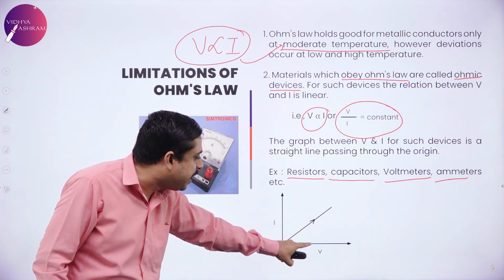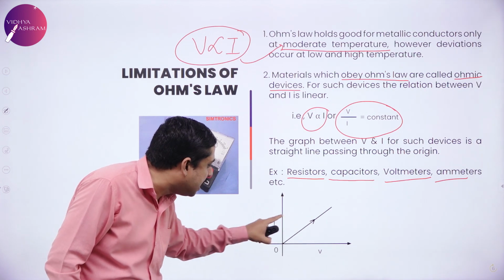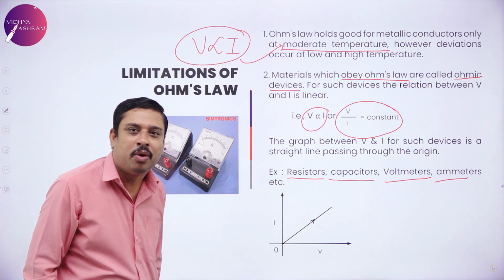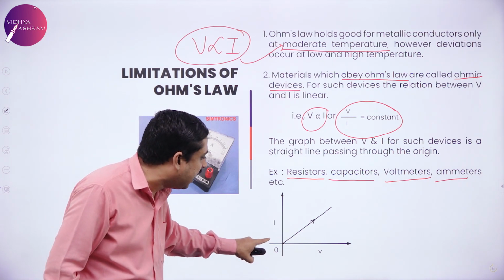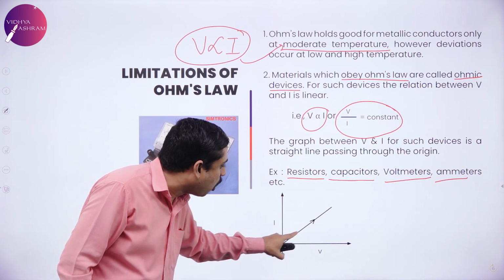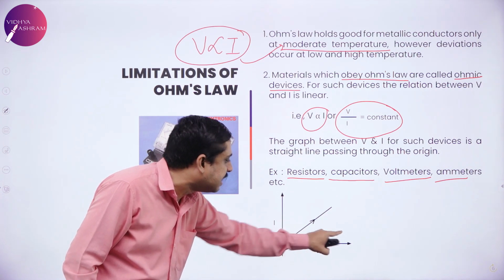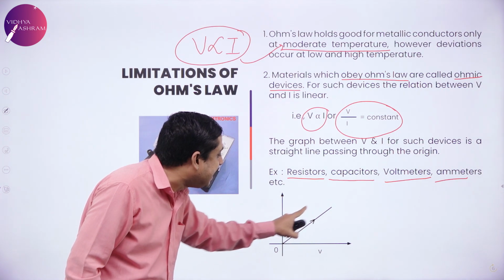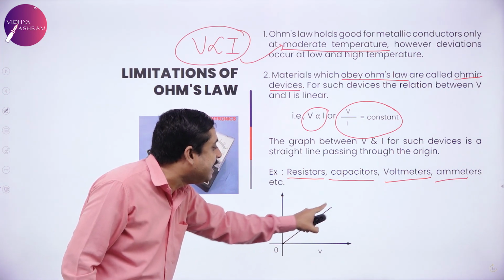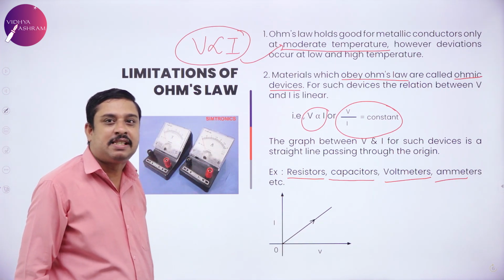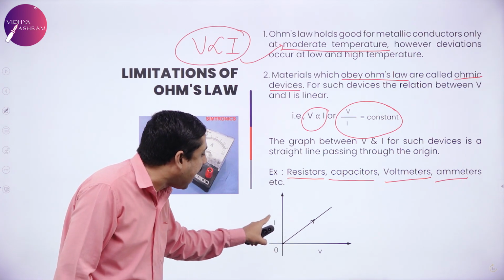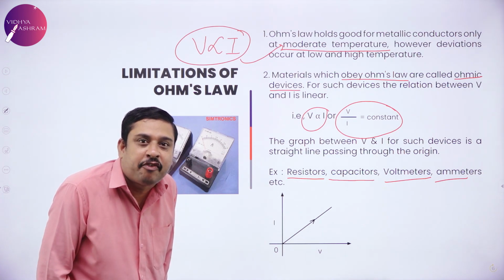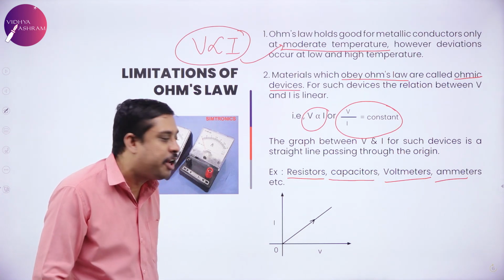But strictly speaking, when the potential is 0, current in the conductor is 0. And as you observe here, as potential increases, current also increases linearly. Therefore, we say VI characteristics is a linear graph starting from the origin.